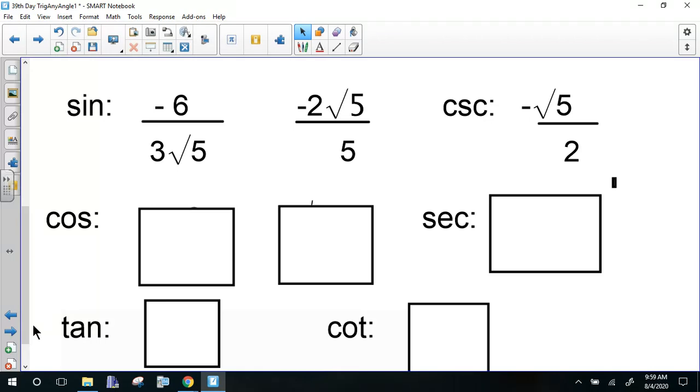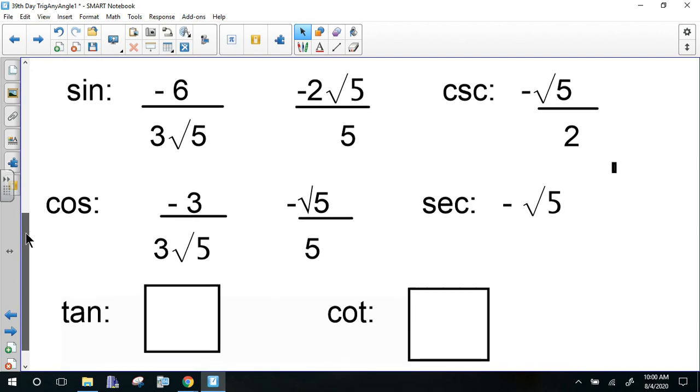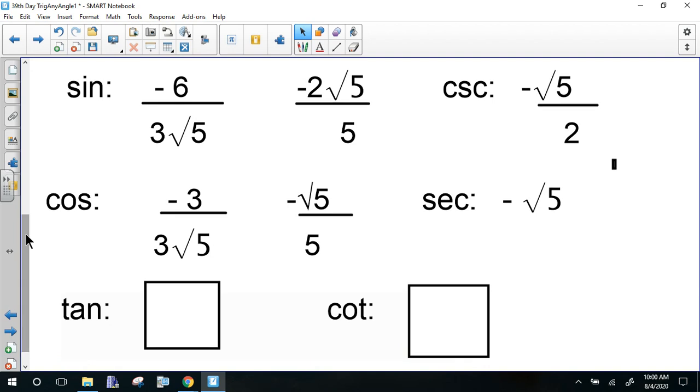Cosine is adjacent over hypotenuse, so adjacent, negative 3, hypotenuse, 3 root 5. Multiply by the conjugate, I get negative root 5 over 5. If I flip cosine, I get secant, which is root 5 with a negative. Tangent, opposite over adjacent, that's 2 over 1, which is 2.